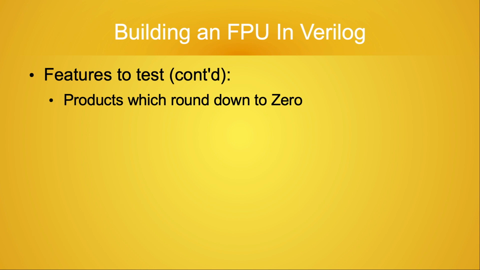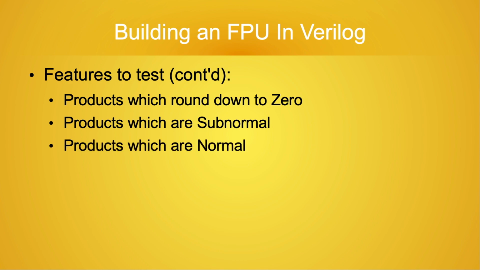Do this for all three combinations: normal times normal, normal times subnormal, and subnormal times normal. Multiply two numbers for which the product is a subnormal number. Again, do this for all three combinations. Multiply two numbers for which the product is a normal number. As before, do this for all three combinations.